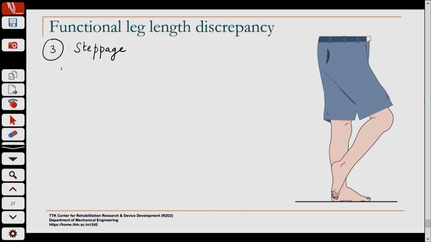So, for what you can't do at the foot, at the ankle, you compensate for it by exaggerated hip and knee flexion. It is a very simple, again a swing phase modification.